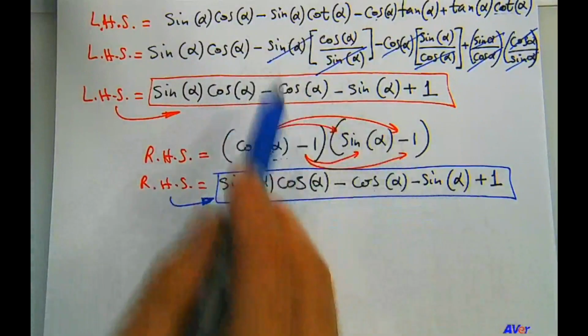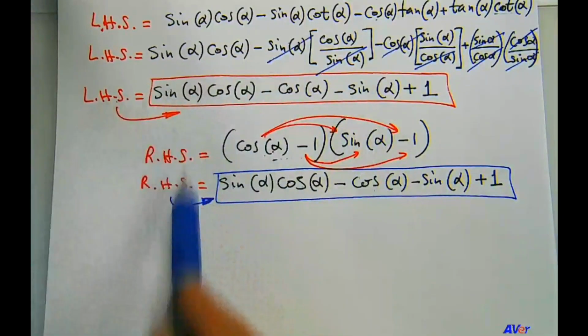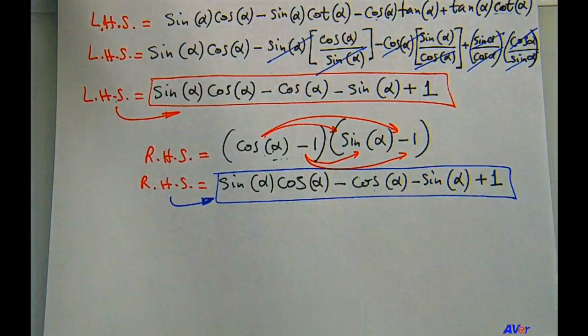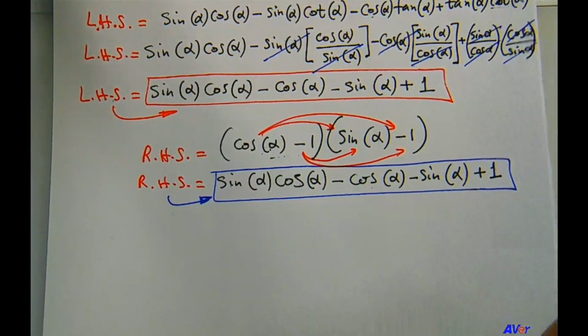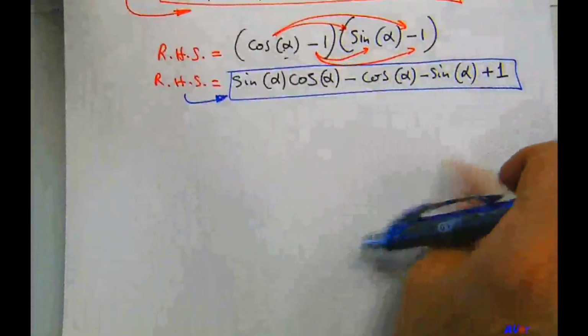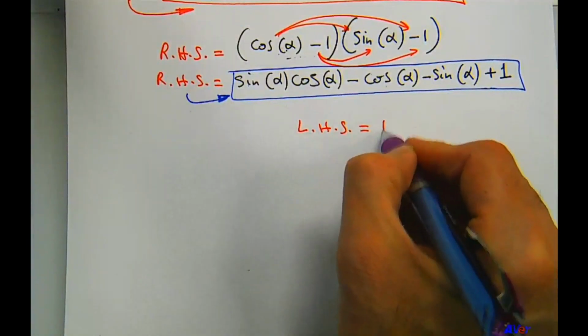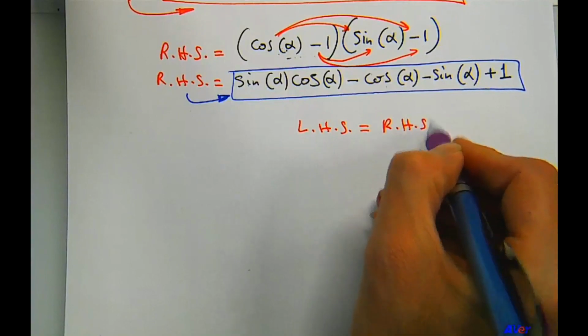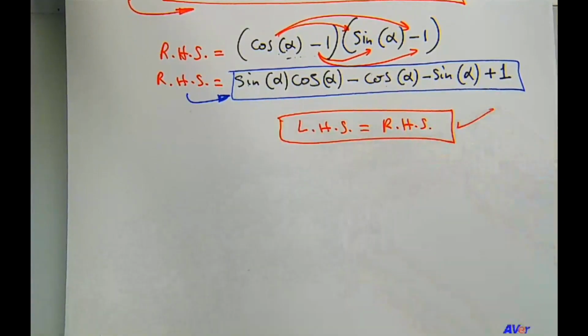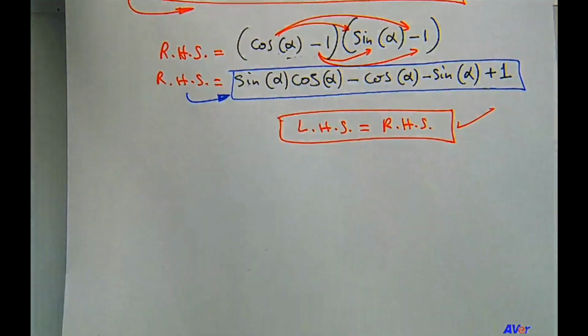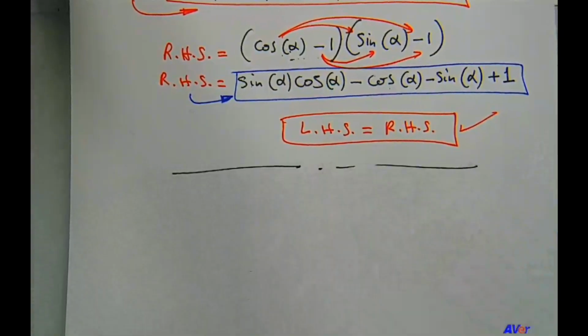These are identical terms between the left and the right-hand side. So we've proved that the equation is true. So the left-hand side is equal to the right-hand side. So we've proved what we were asked to show.